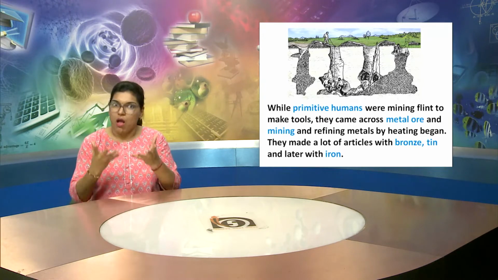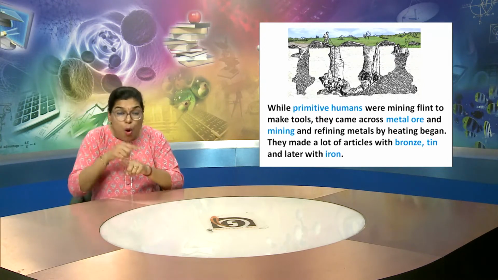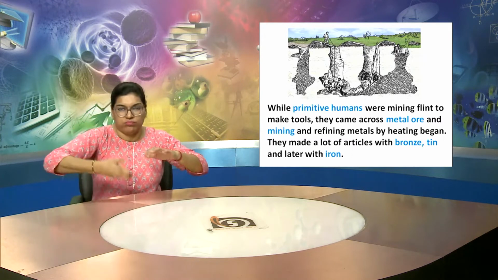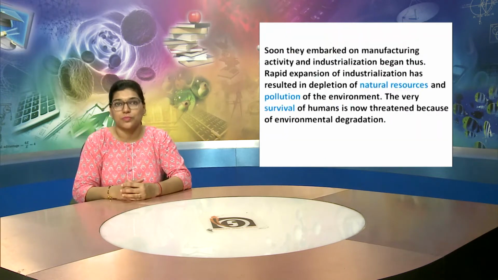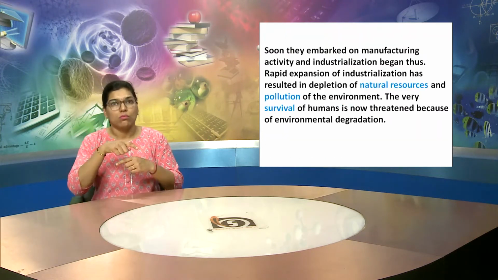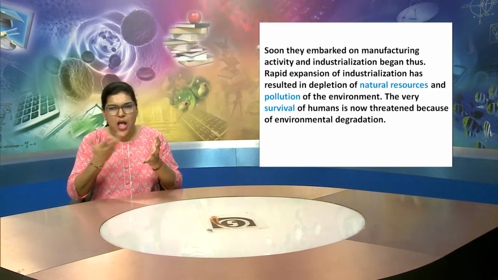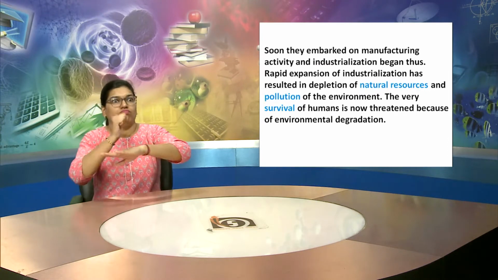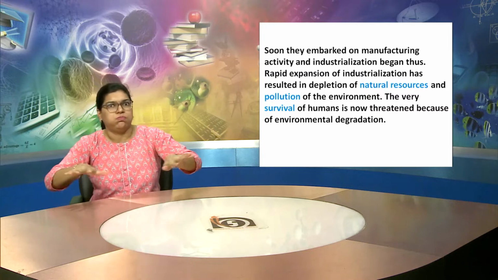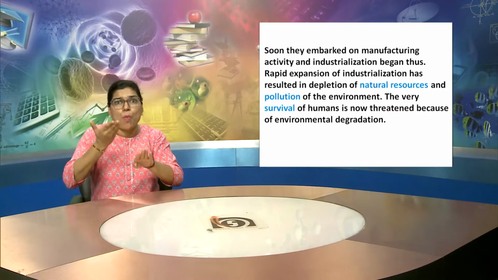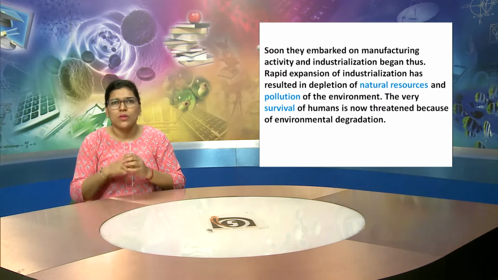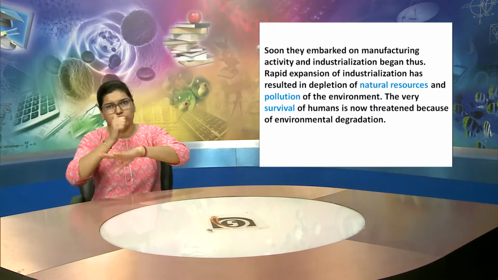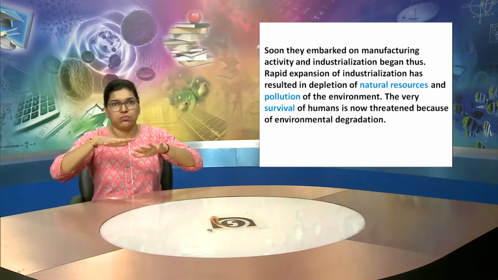And later when they discovered iron, they made items with the metal iron. And after all this making of metal items, soon they embarked on manufacturing activities, and then industrialization began.